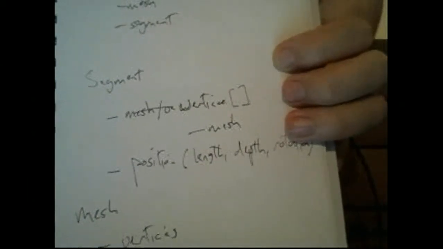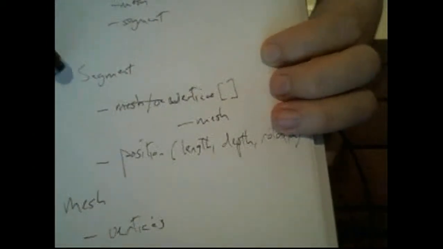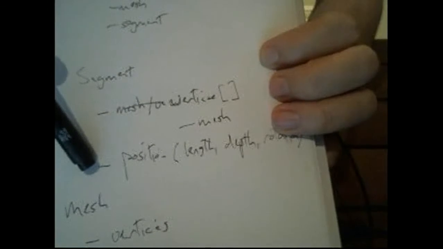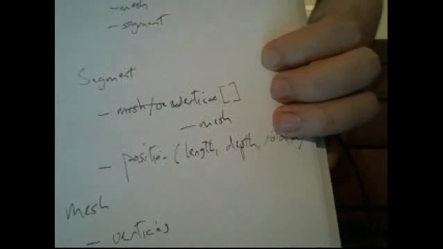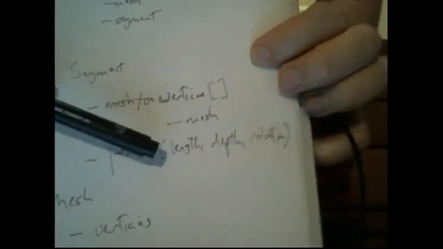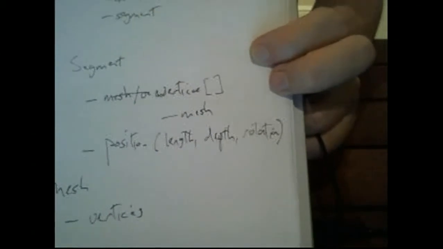We don't use the points except to calculate the position along the line. There's a section of line and we figure out the position based on the length. And then I've now added depth and rotation.